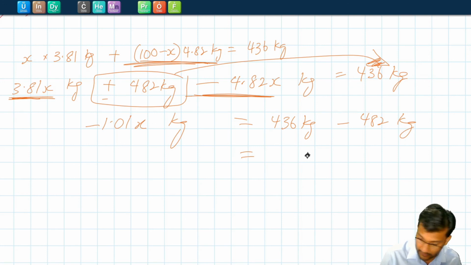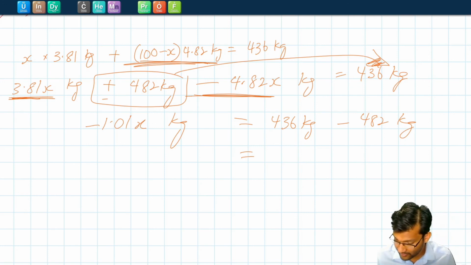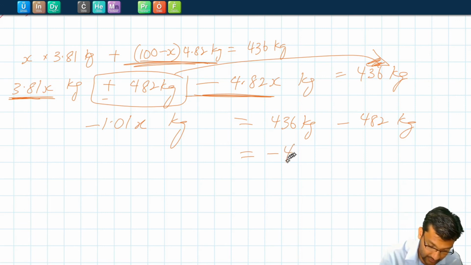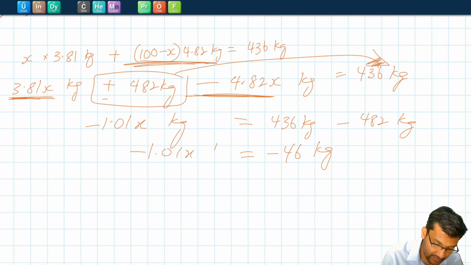And that comes out to be, hang on, I read it somewhere, 46, minus 46 kilograms. So minus 1.01X kilograms is equal to minus 46 kilograms. Now they both have the same units, so that can cancel out nicely. They're both negative signs, so that can cancel out. We just multiply both sides by -1.